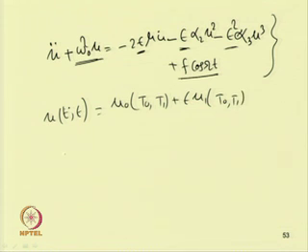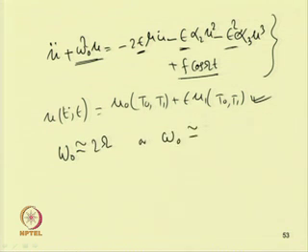So, one can proceed and one can see that one can obtain the resonance condition when omega 0 nearly equal to 2 omega or omega 0 nearly equal to half omega.